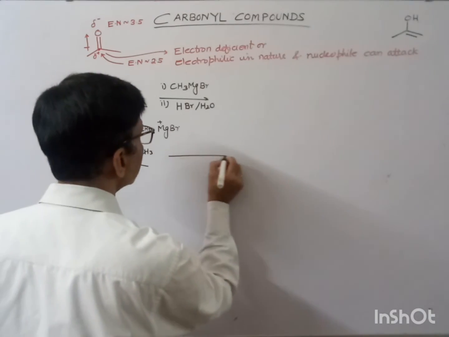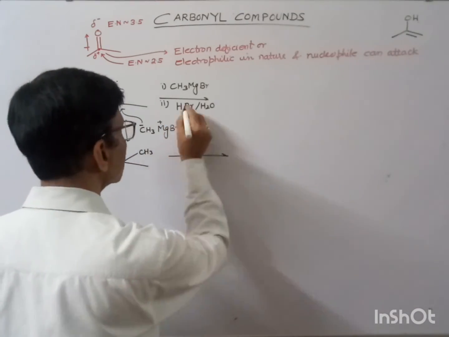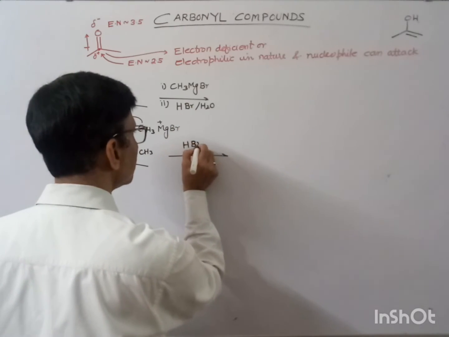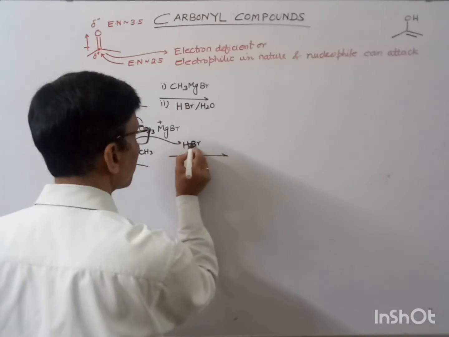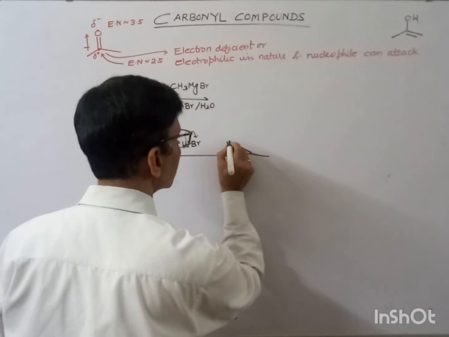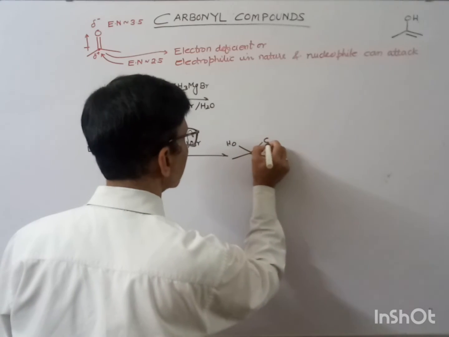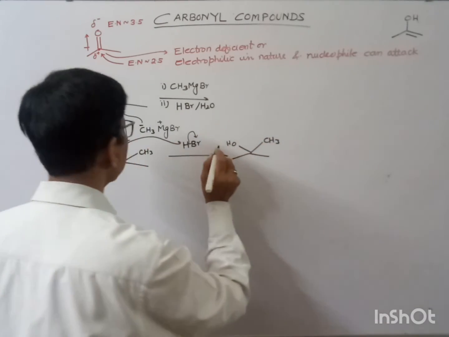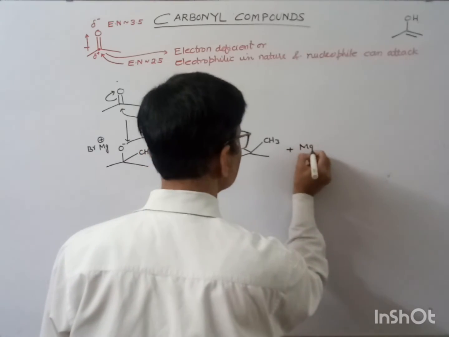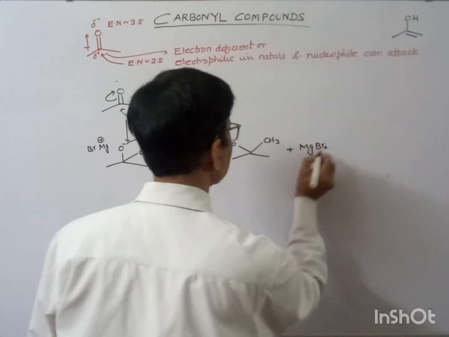And in the next step we have this HBr, and the product that you will get would be the alcohol we are getting from here, and finally MgBr2.